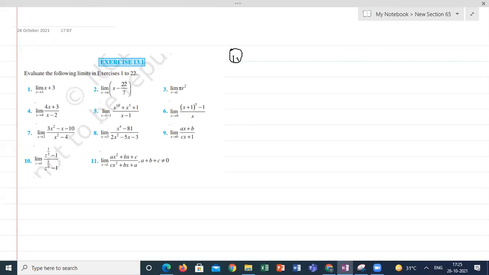Eleventh one: limit x tends to 1, (ax square plus bx plus c) divided by (cx square plus bx plus a). If I am substituting straight away, what will I get?